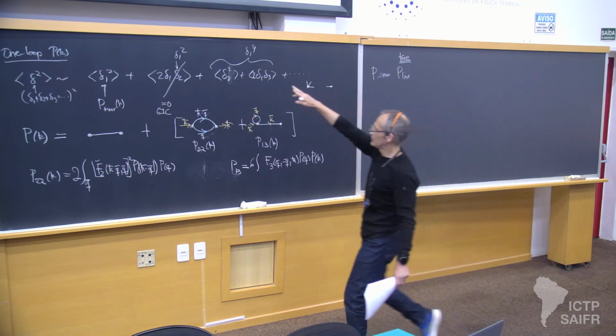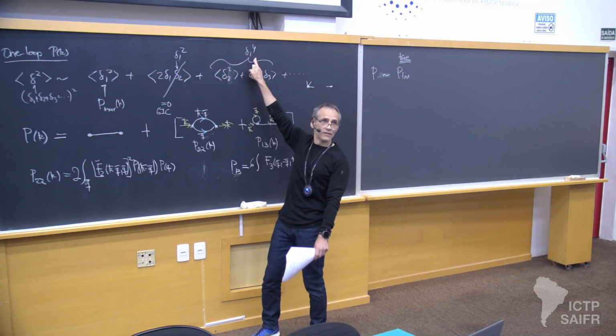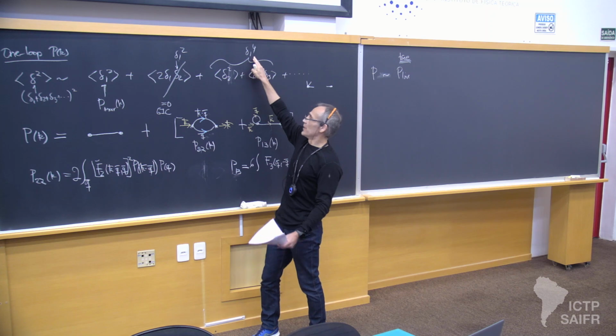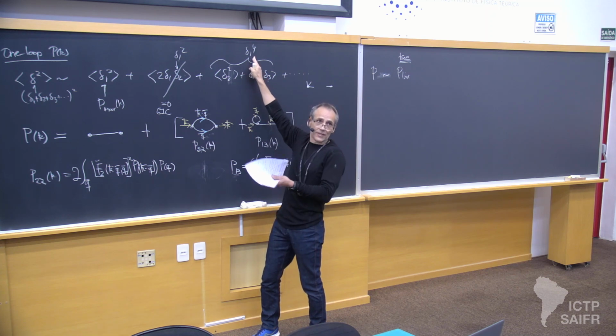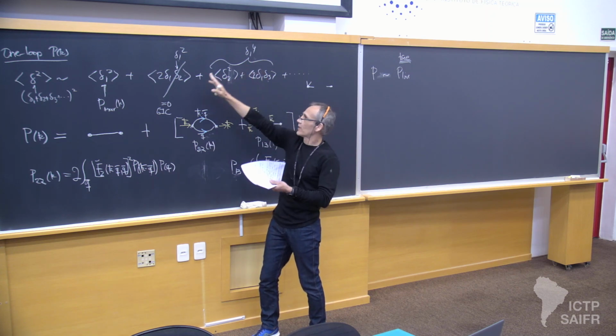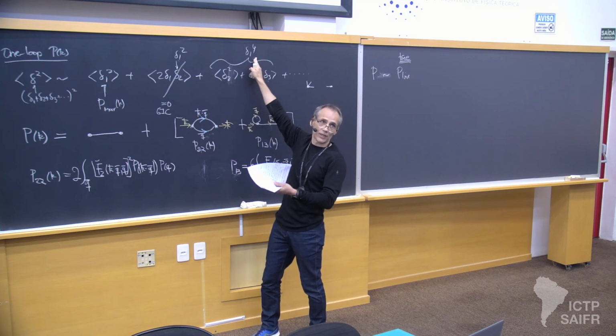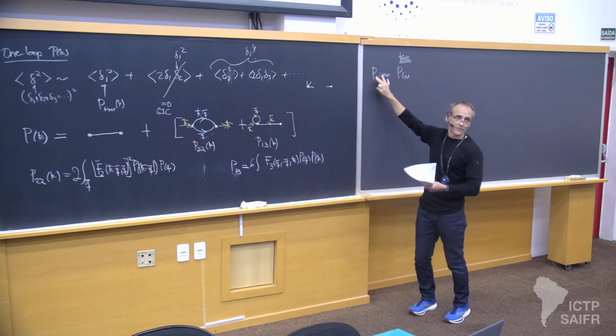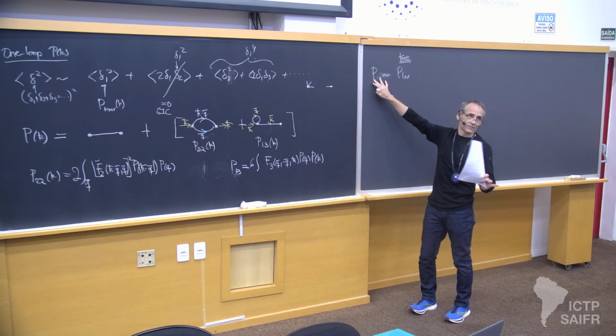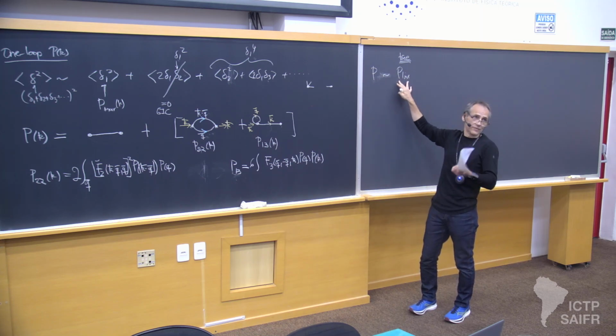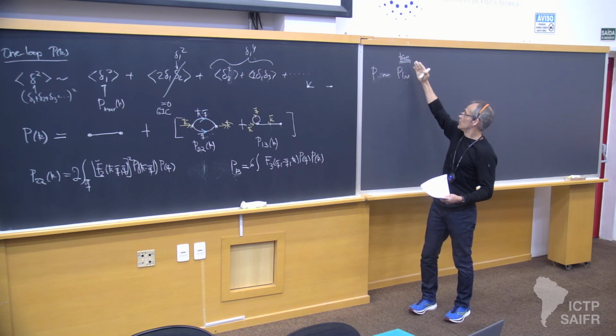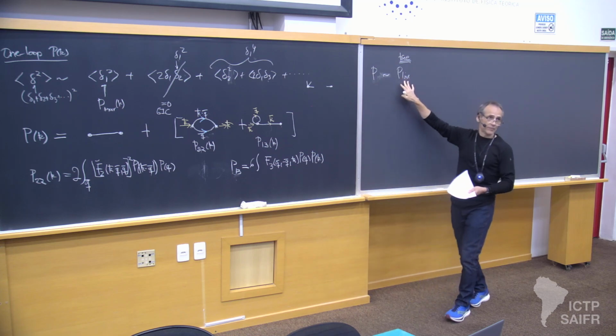Here I was counting delta 1s, and remember, delta 1 squared eventually becomes the linear power spectrum. So you can think of counting in terms of how many linear powers appear. Because at the end we are calculating statistics, it makes more sense to count the expectation values of correlators. And because it's a Gaussian field, the linear power spectrum is the governing quantity. So to leading order, the nonlinear power is the linear power.